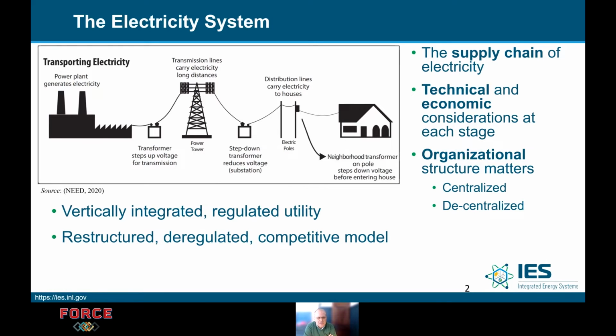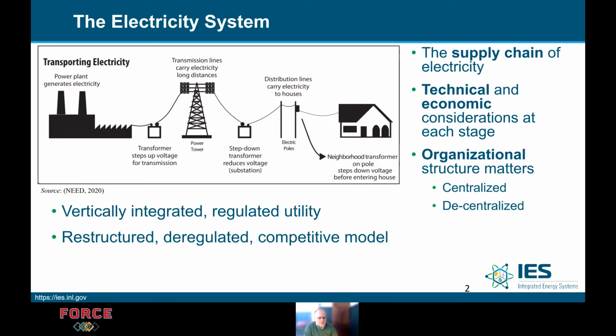So I'd like to start off today with a nice picture of an electricity system. I'm sure this is not new to any of you, but I think it's helpful to set the stage for thinking about some of the challenges we face today in terms of economics. There are primarily three different categories that contribute to the electricity system.